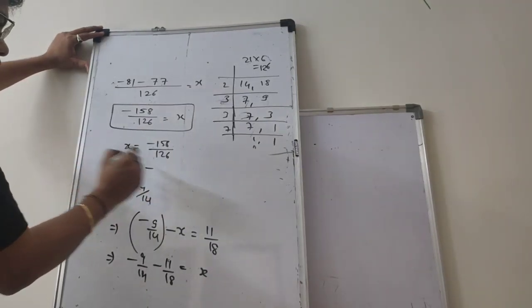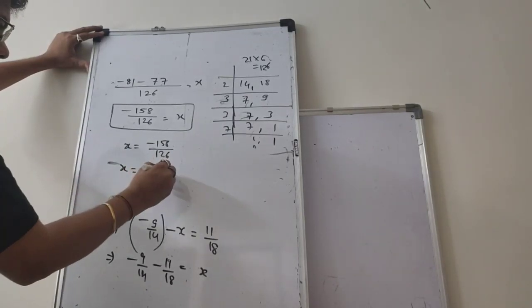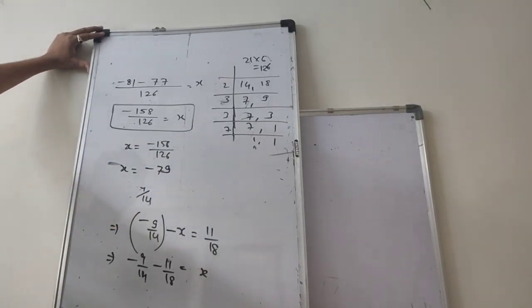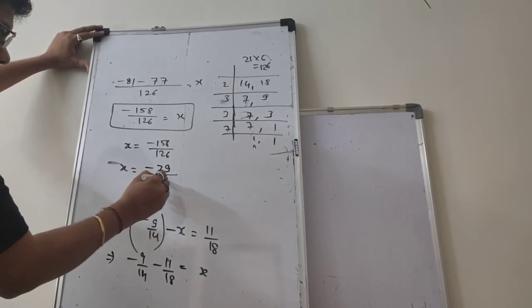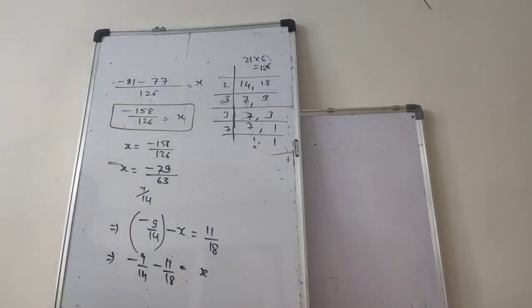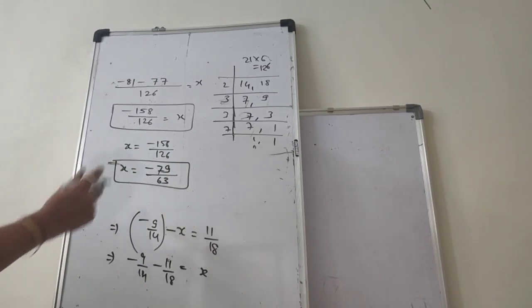So it will be 2 से कैंसिल किया आपने. 7, 9 divided by 63. ठीक है. So minus 79 by 63.